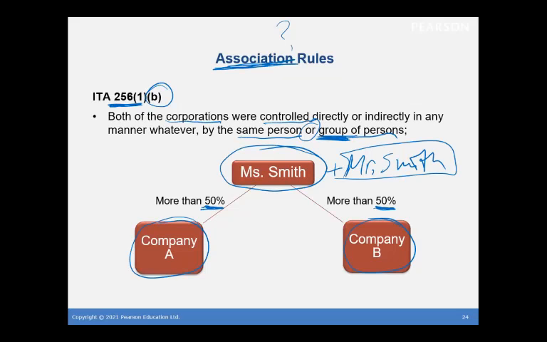So controlled by the same person or group of persons. So if Mr. and Mrs. Smith own more than 50% of A and also own more than 50% of B, then A and B are related. So that's our second scenario that's going to get us associated for purpose of the Income Tax Act and the Small Business Deduction.